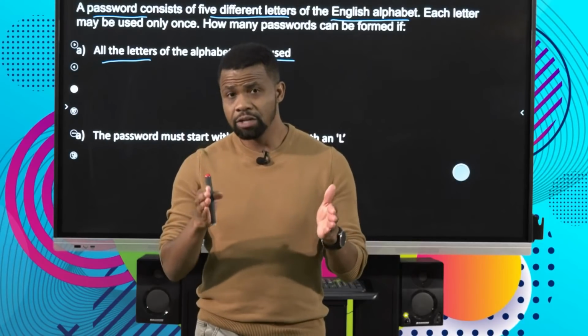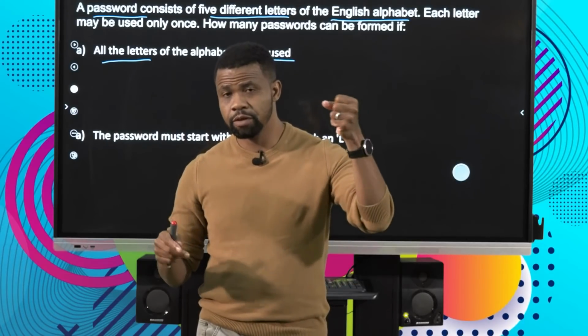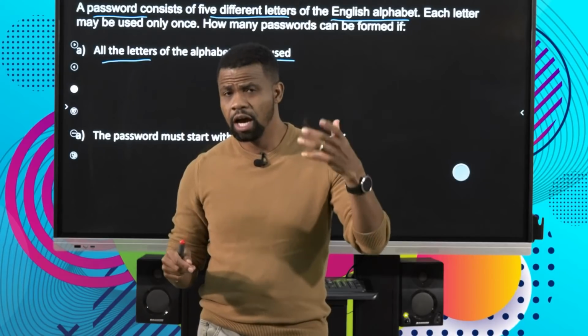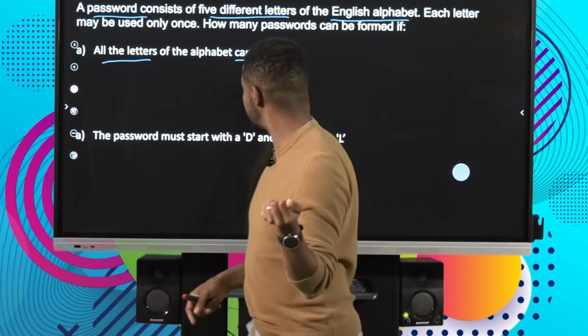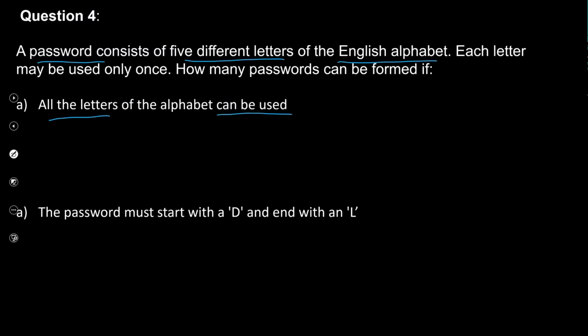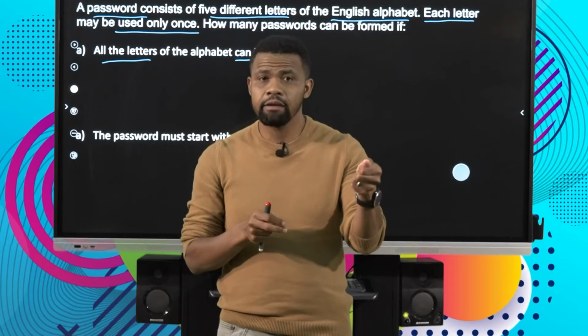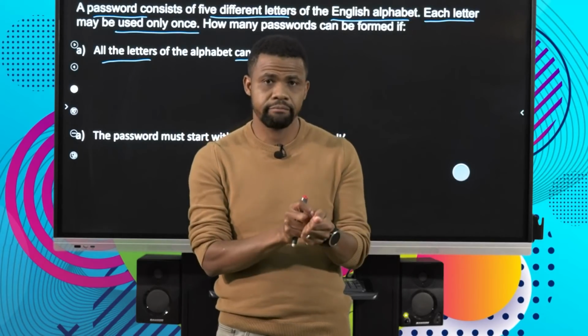For a password of length 5, for the first position, how many letters can we choose? We have 26. But do we have to repeat them? It's very important that each letter may be used only once. If the first letter I've used is A, I cannot use A again.